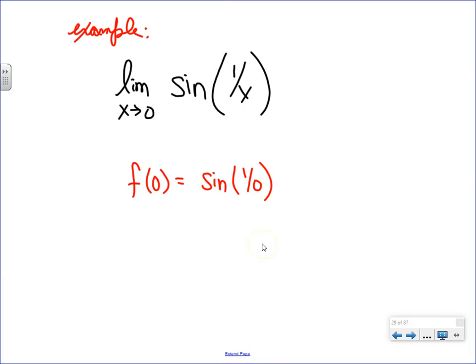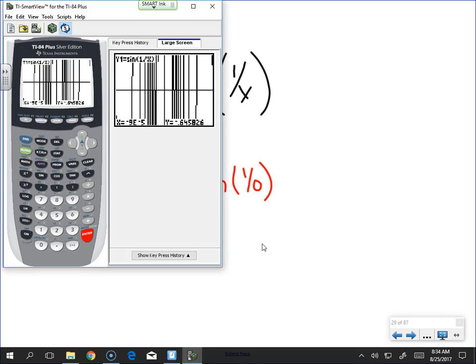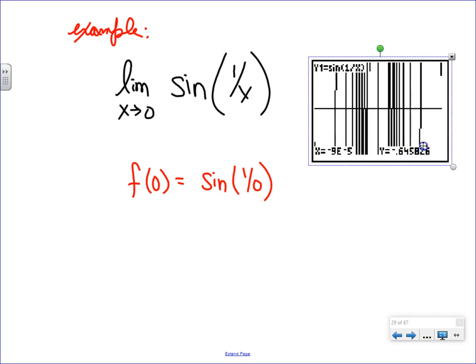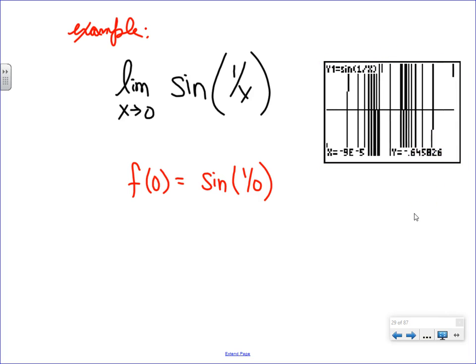Guys, can we think about the algebra for a second? 1 over 0. We haven't specifically reviewed it yet. Does anybody remember what a number over 0 seems to indicate? It is undefined, but it's not indeterminate form.